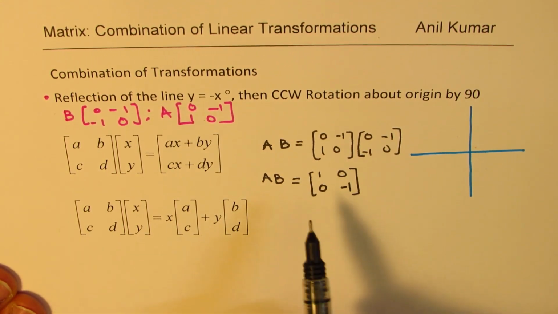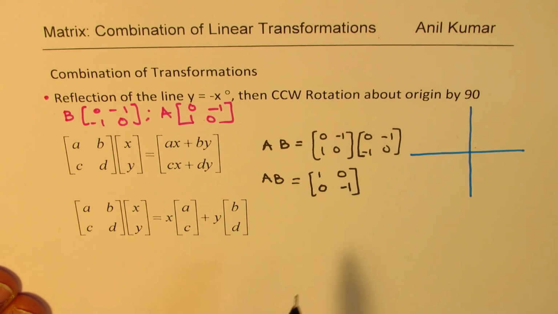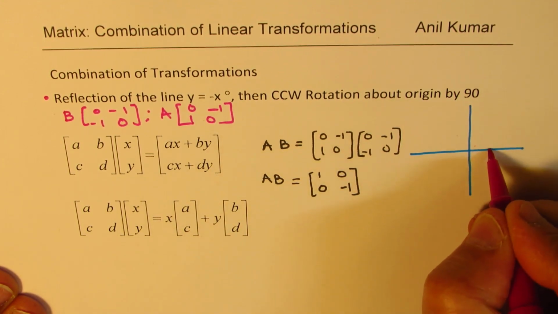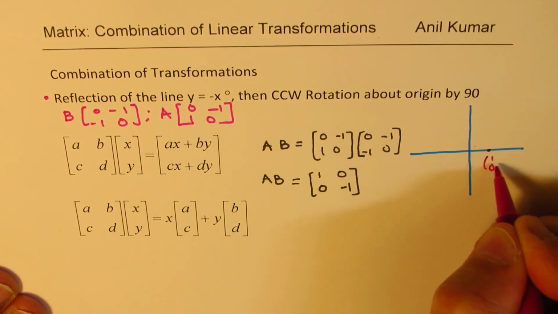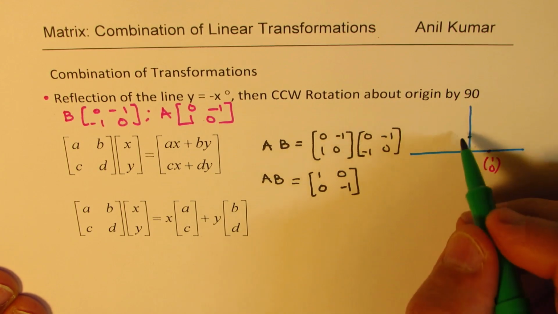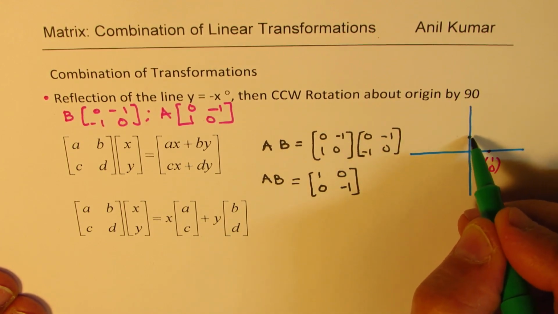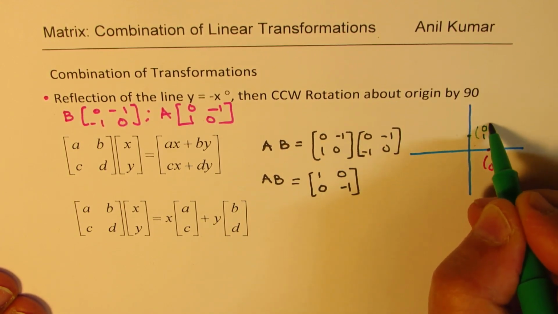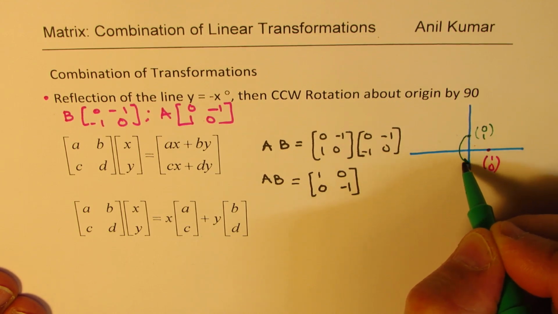So now, what is this signifying? This is signifying that a position which is here for x, which is at 1, 0, remains here, right? 1, 0. As far as the other point is concerned, y point, which was originally at 0 and 1, has moved to this part.